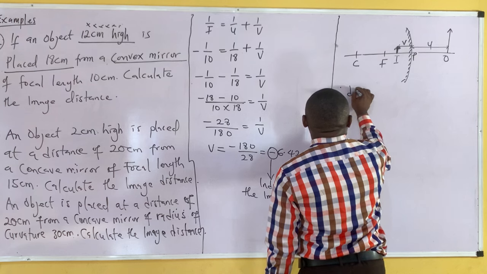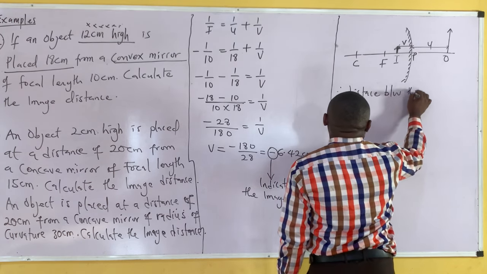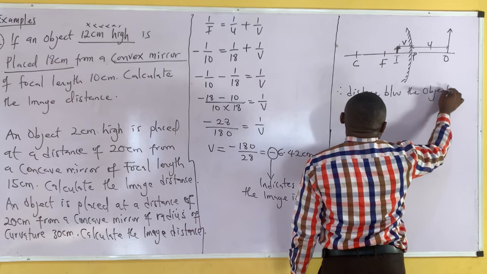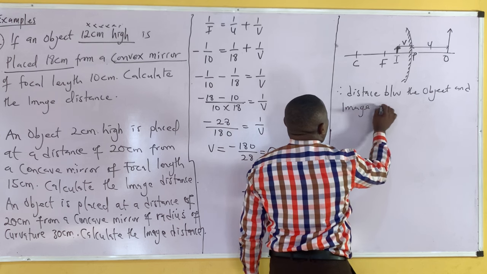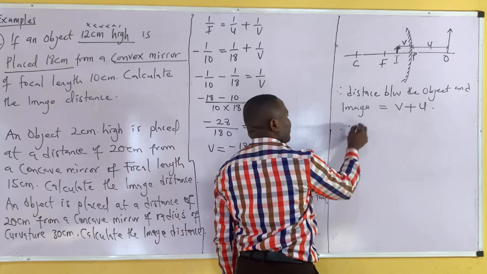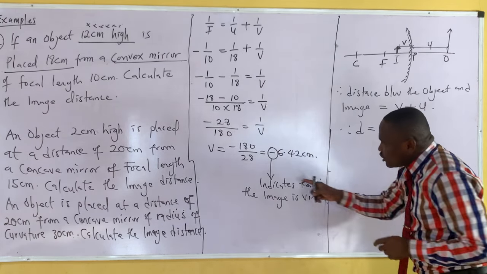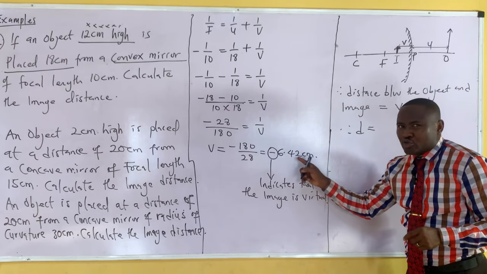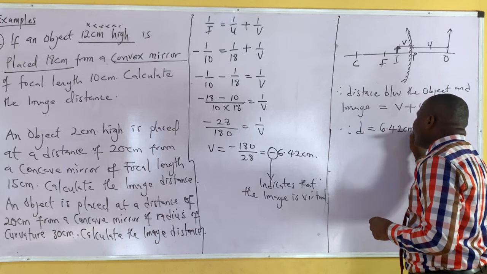Therefore, I can say the distance between the object and image is equals V plus U. So therefore, distance is equals, what is my V? My V is not minus 6.42. My V is 6.42 centimeter.